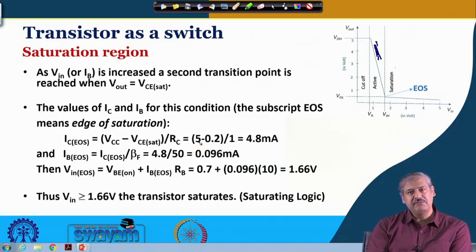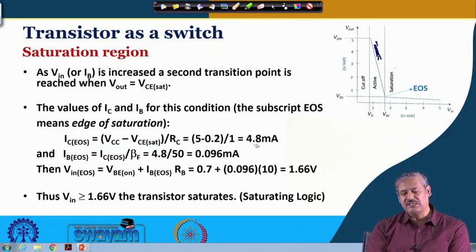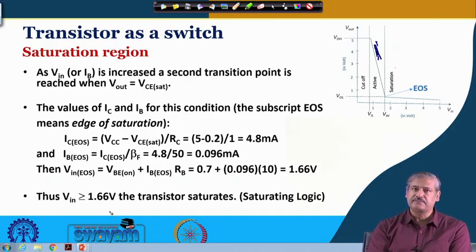That is 5 volt, which we have considered as VCC, minus 0.2 volt divided by RC. RC is equal to 1 kilo ohm, so that is 4.8 milliampere. If we increase the RC, this current will reduce, which will have a bearing later in some other cases. So, we cannot just change it the way we like. We have to look at other considerations in a situation like this.